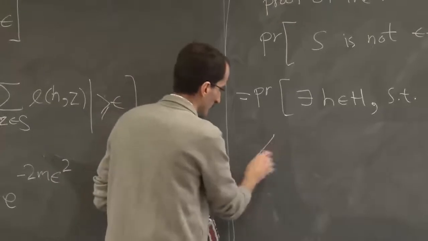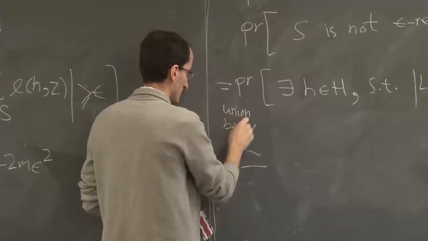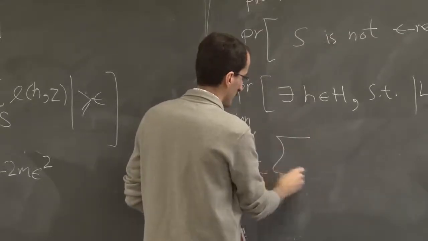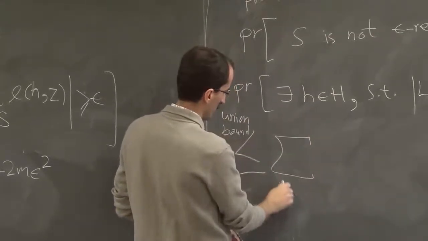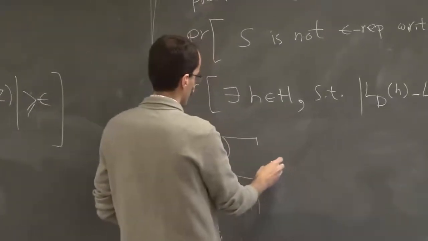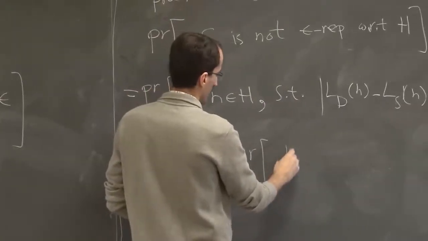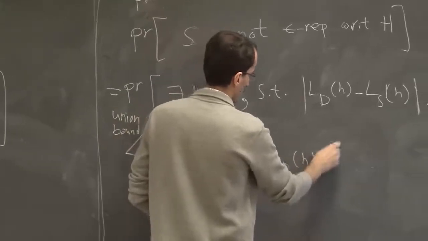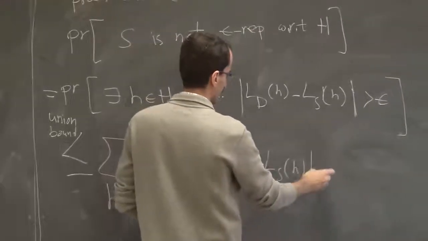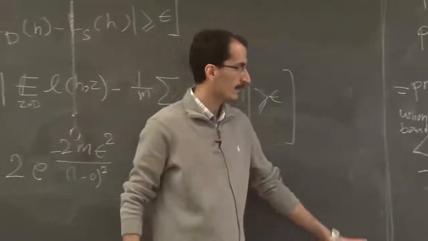So based on the union bound, it's less than the sum over all hypotheses in the class of the probability that LD is far apart from LS. That's the union bound.